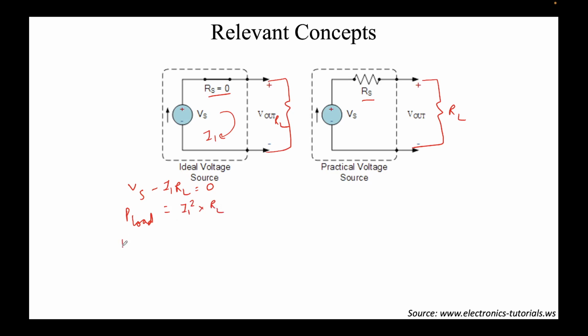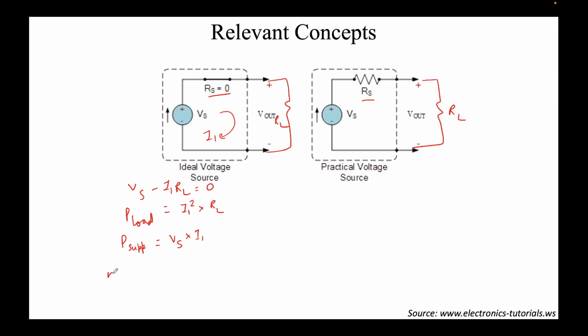And the power supplied by the voltage source here, let's call it P supplied. This will be equal to the voltage rating of the voltage source multiplied by the current supplied, which is I1 in this case.